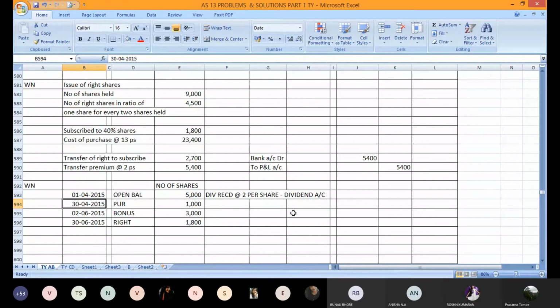What happens to the dividend for pre-acquisition period? How do we account for this?